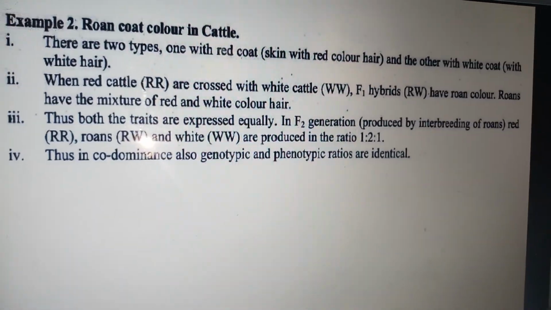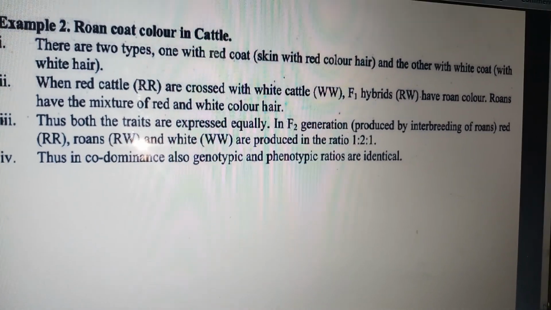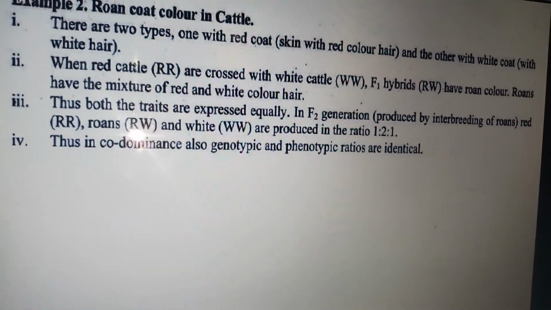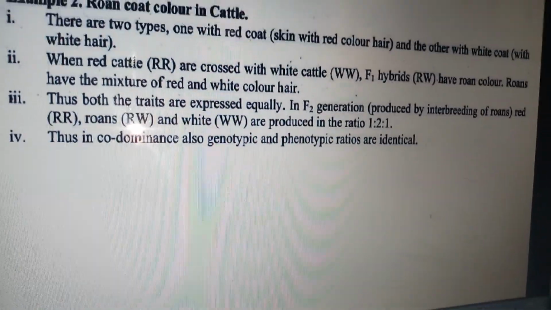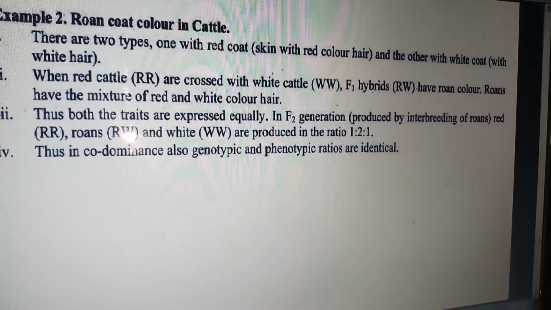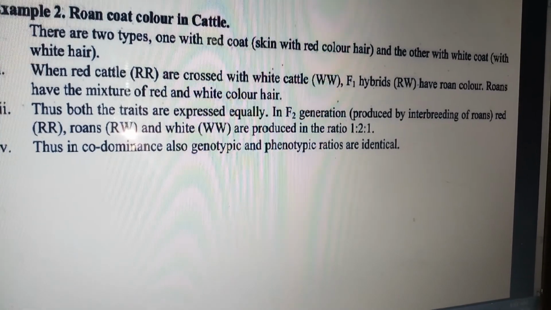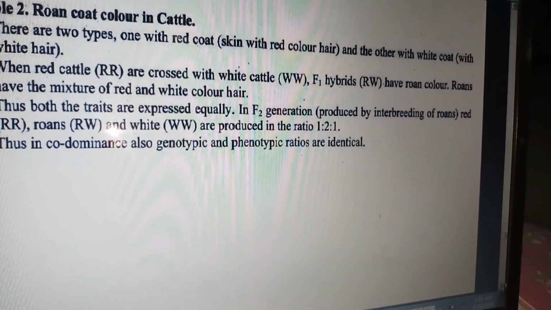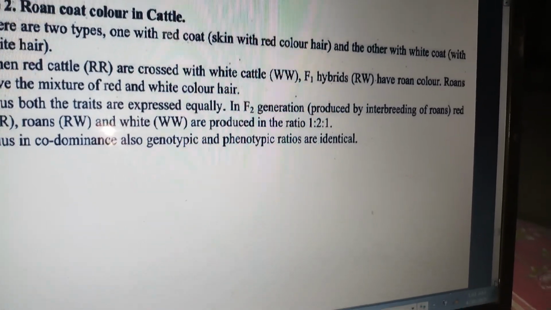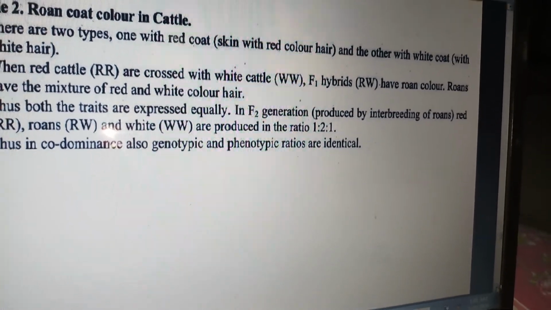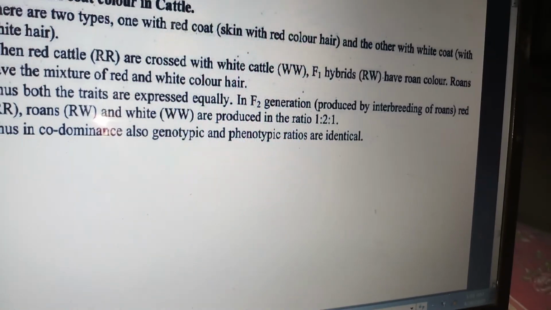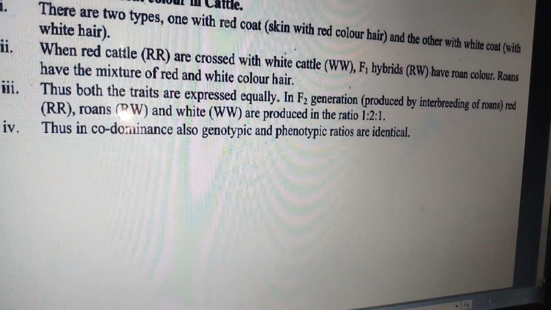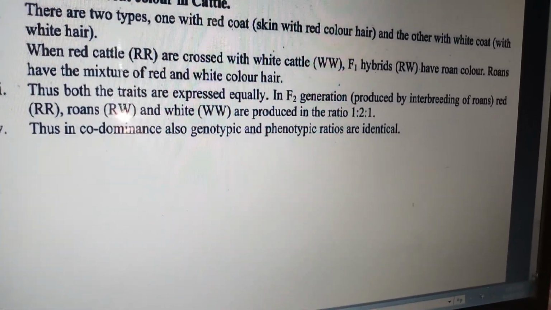There are two types, one with a red coat, that is red hair, and the other with a white coat, that is white hair. When red cattle, capital R, are crossed with white cattle, capital W, the F1 hybrids, RW, have roan color. Roans have mixed red and white hairs.